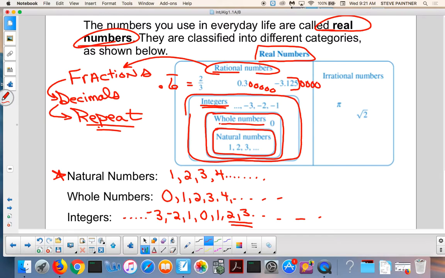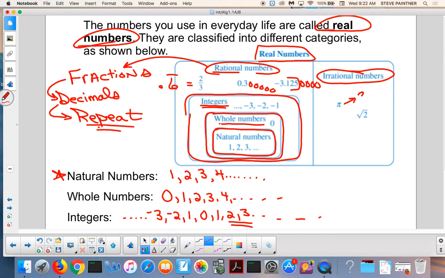Okay, next. If it's not rational, then it's what? Irrational. Oh, like what? Pi is irrational. Okay, is pi a decimal that repeats? Type it in.